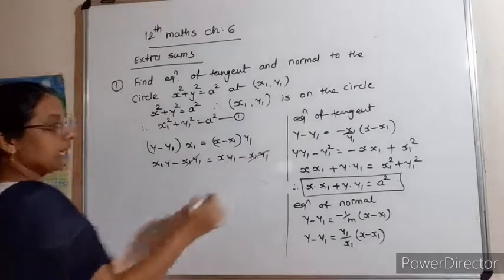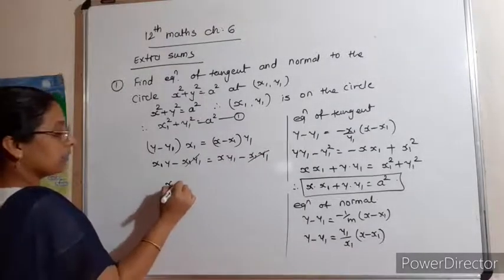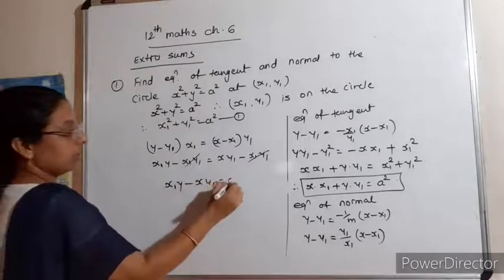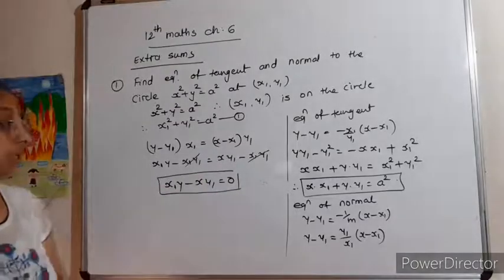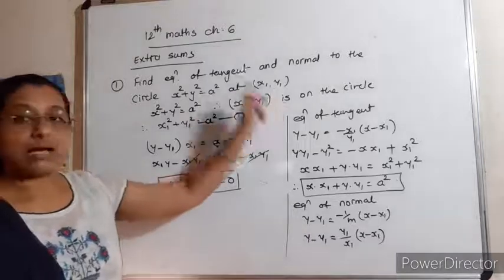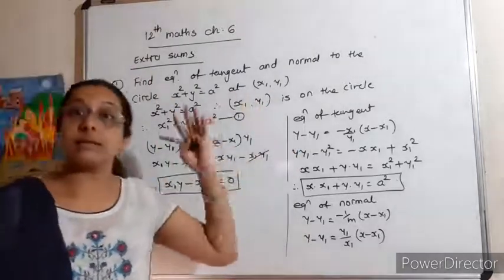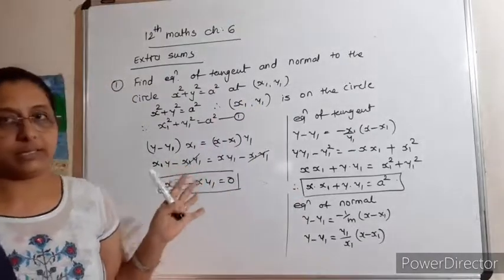From both the sides, x1 y1 will be cancelled. And therefore, x1y minus xy1 is equal to 0. This is the equation of normal. Right? If the point is given, just find the slope and write the equation. That's it. It is easier. Understood? Yes. Do it.